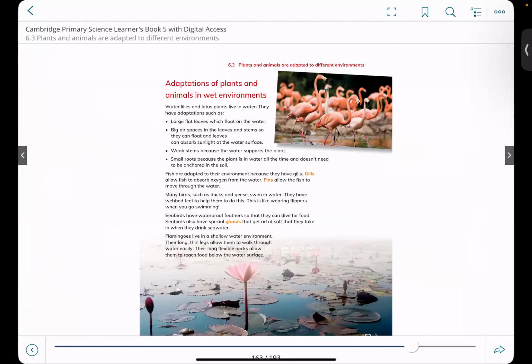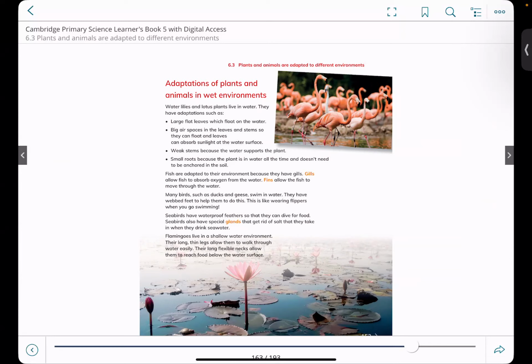Now, the second part is adaptations of plants and animals in wet environment. If you read about the plants, they have weak stems and short roots. The reason why they have weak stems is they get ample support from the water, so they can stand erect inside the water and outside the water with the help of water.